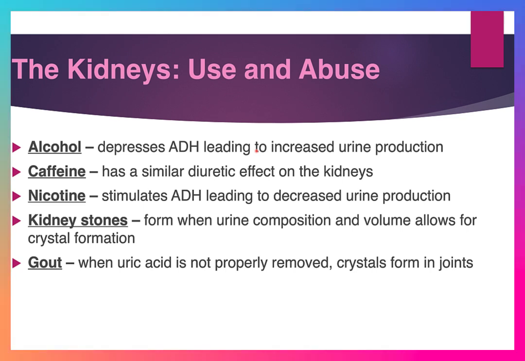Uric acid, I don't know if you remember, but I said uric acid was a byproduct of protein metabolism. If that's not properly removed through the kidneys, then crystals form. These crystals can form stones in the kidney, but also can form stones or crystals in the joints. This leads to a serious inflammation, which causes what's called gouty arthritis or podagra.